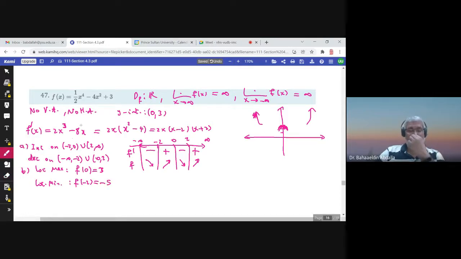You can notice if you find f of negative x, it would be equal to f of x. So f of negative x equals f of x. This means that the function is even. So the graph is symmetric about the y-axis.